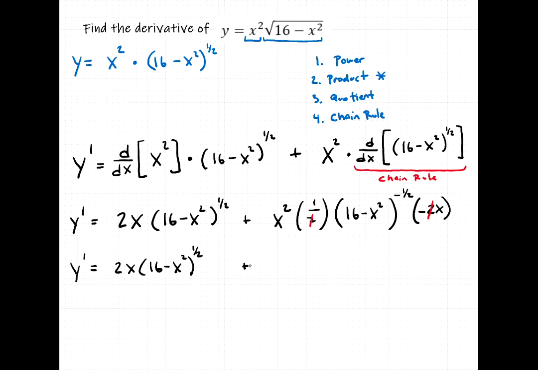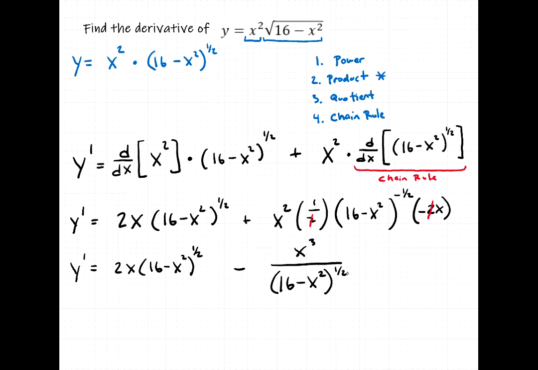Plus, we have an x squared here, and we have a negative x here. So that's a negative x to the 3rd power, so that actually becomes a minus sign. X to the 3rd power, and this negative exponent we can move to the bottom. 16 minus x squared to the positive 1/2.